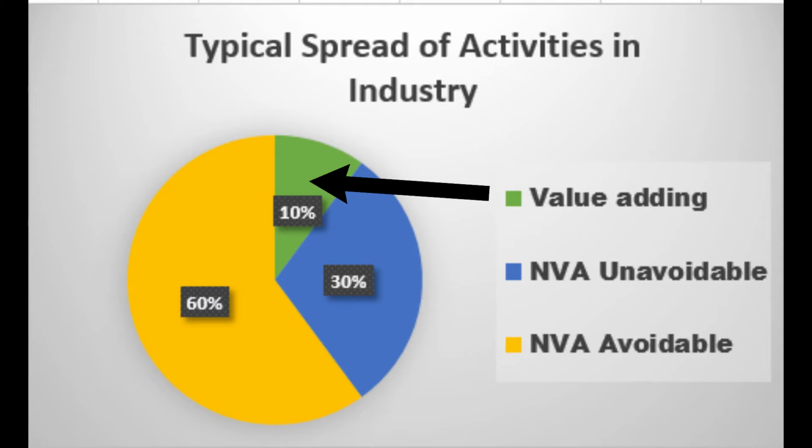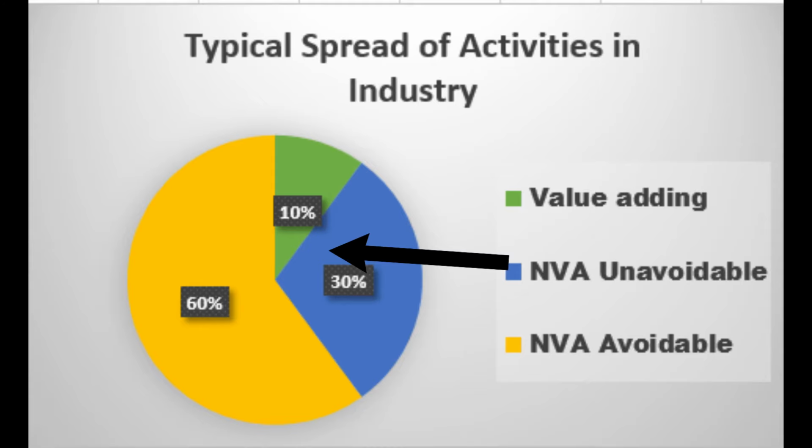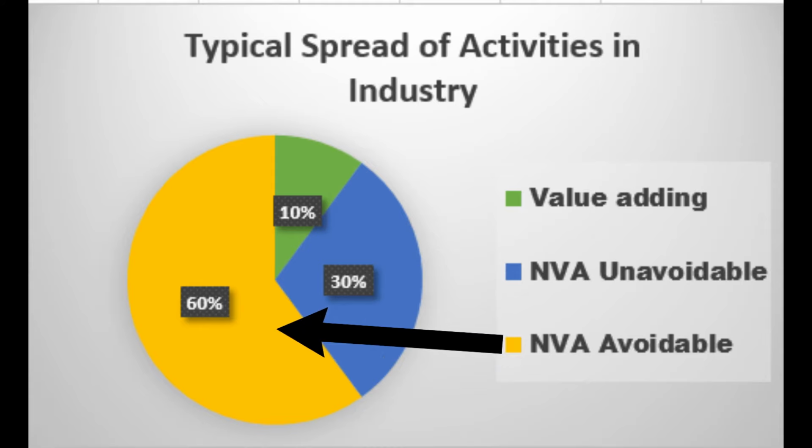Value adding activities, NVA unavoidable, that means non-value added unavoidable activities, and NVA avoidable, that means non-value added avoidable activities. This is just a schematic representation to give you an idea of the proportion of the three types of activities.